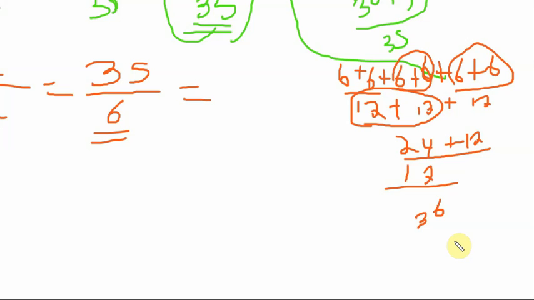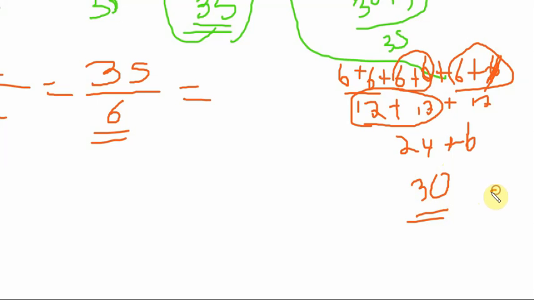And we have 35, so we need to back out 36, we need to take out a 6 there. So this 6 goes away, and we just bring down a single 6. So 24 plus 6, that is 30.